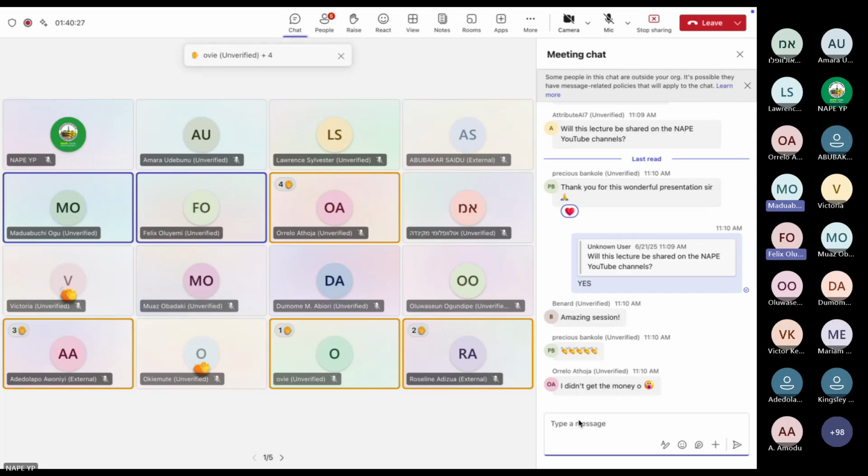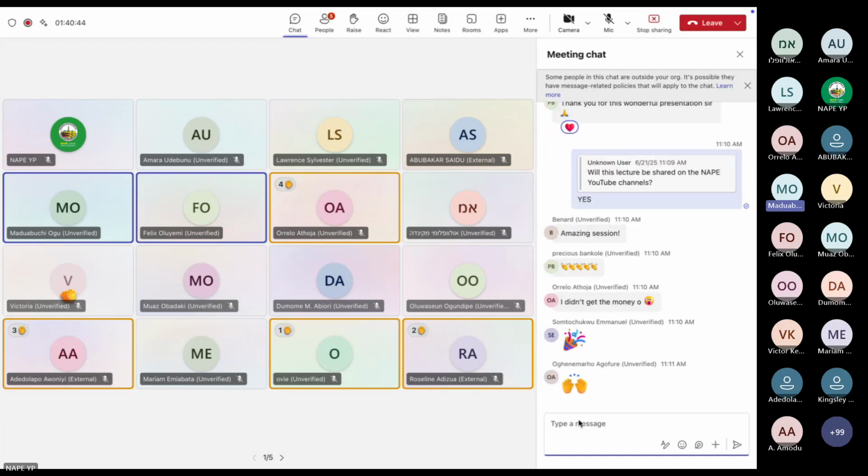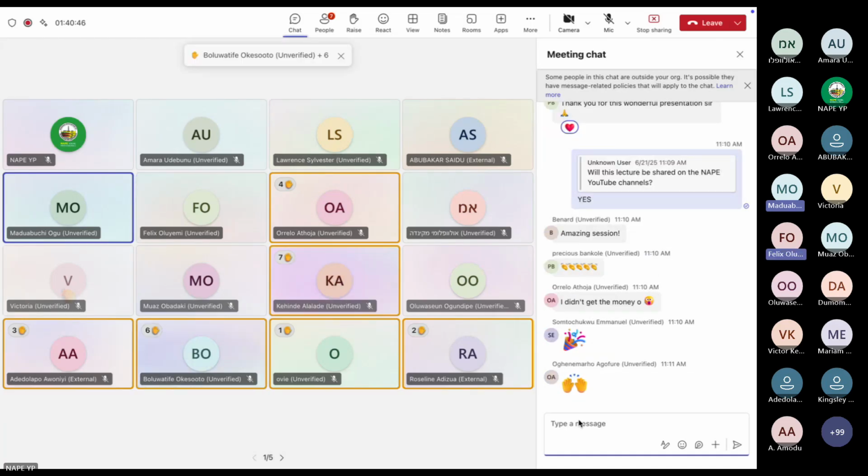You're not spending billions of dollars to drill your well here. NAPE has drilled it for you. Come here and produce. That is what NAPE is telling you. These emojis I'm seeing are not enough for what our senior geoscientist from Asharami Energy has done.